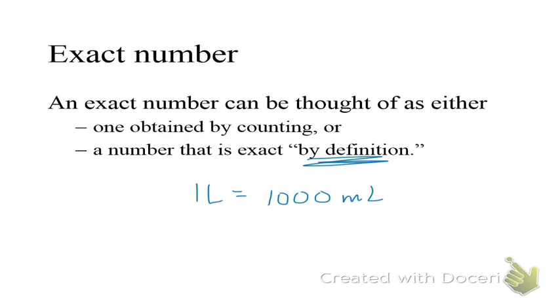Another equality, not in the metric system, that I need you to memorize, is 1 inch is exactly equal to how many centimeters? 2.54, very good. And that is exact by definition.